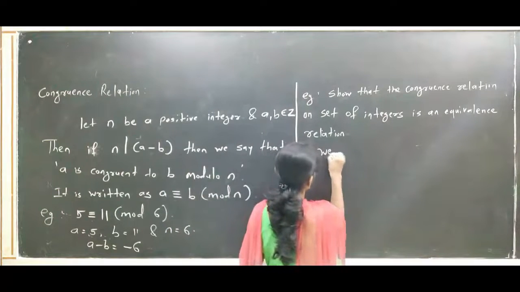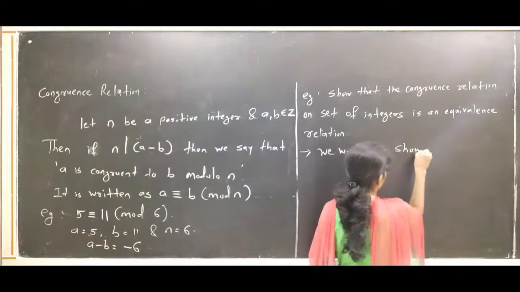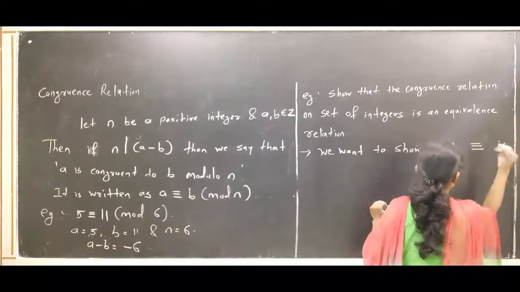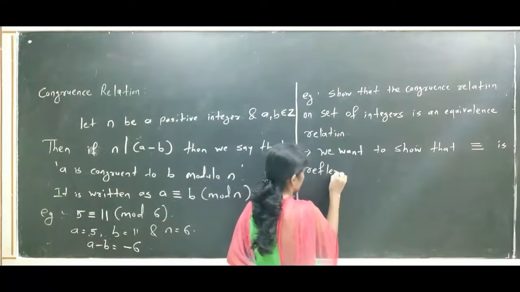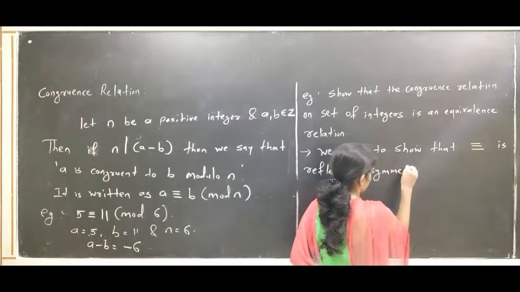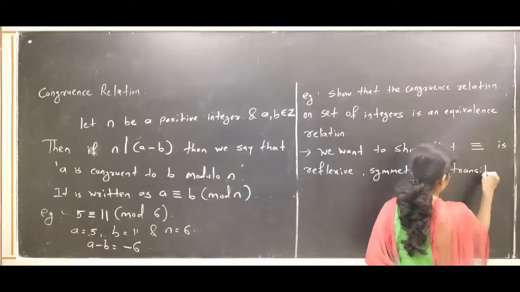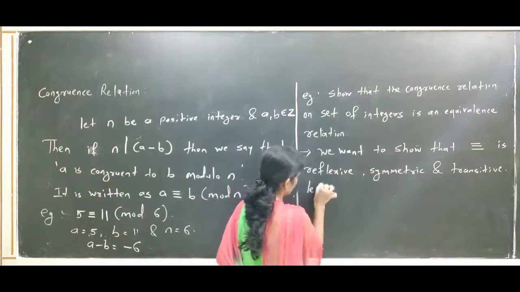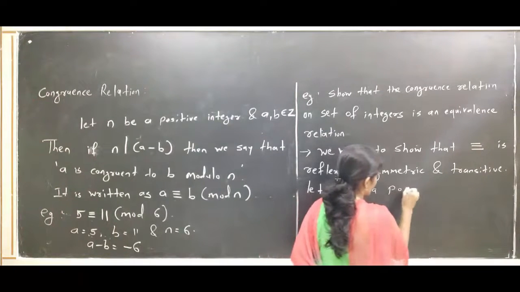So we want to show that congruence relation is reflexive, symmetric and transitive. Okay, so let N be a positive integer.